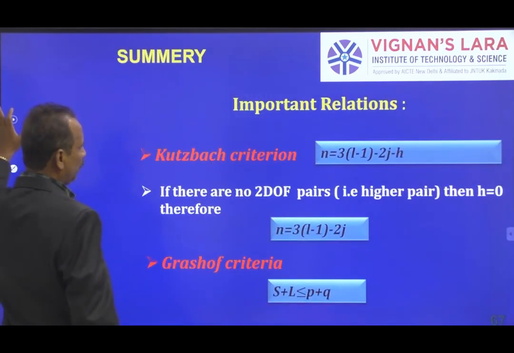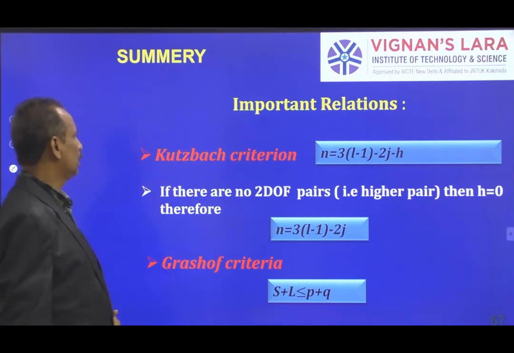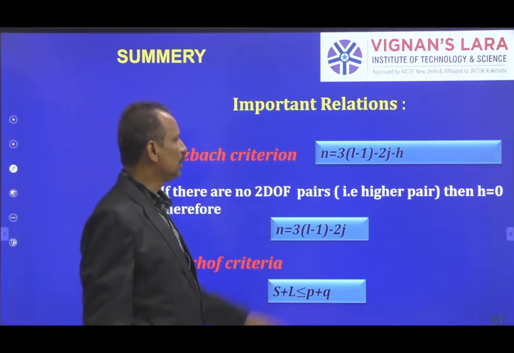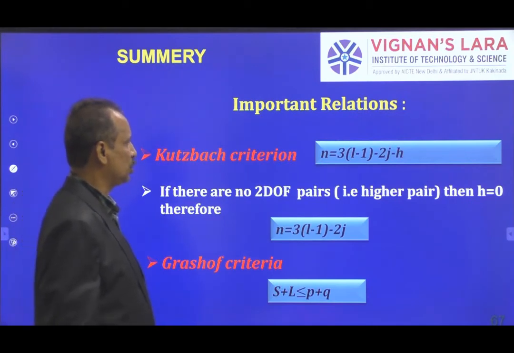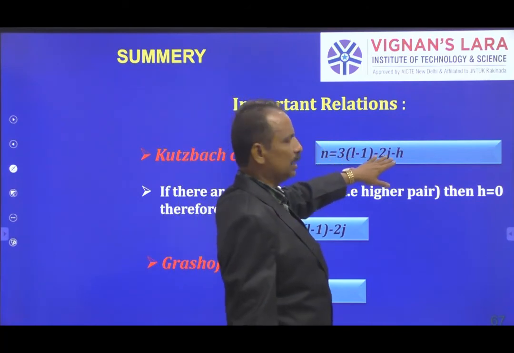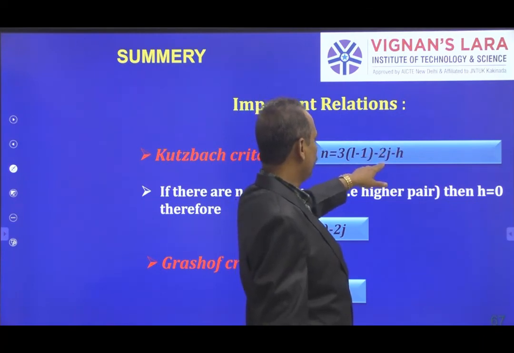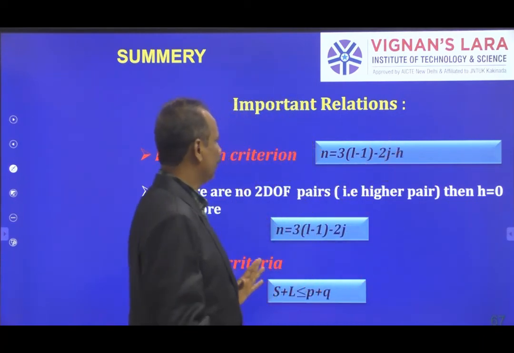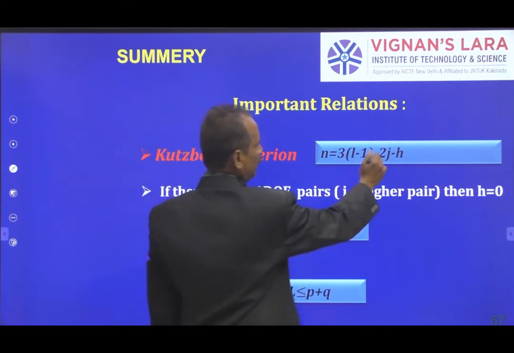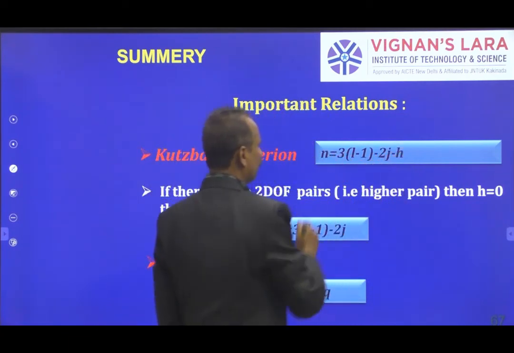Then the important formulas which we have come across in this chapter. The first one is the Kutzbach criterion: n = 3(L - 1) - 2j - h, where n is the degrees of freedom, L is the total number of links, j is the number of joints with lower pairs, and h is the number with higher pairs.